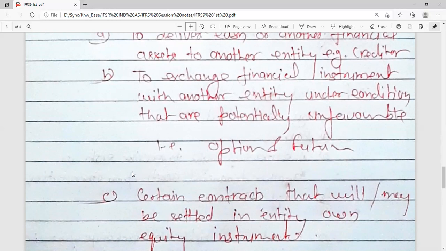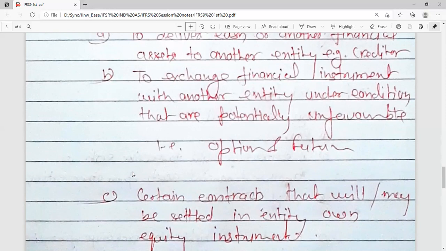It also defines when to de-recognize a financial instrument, like when we have paid our creditors in full, then we can de-recognize the creditor from our balance sheet. Many more criteria are defined for that. And third, hedge accounting is covered by this standard.